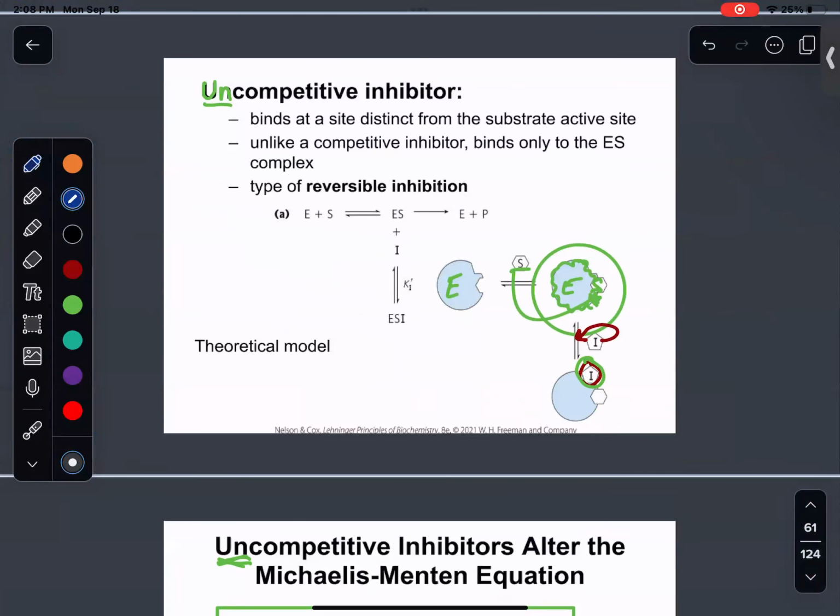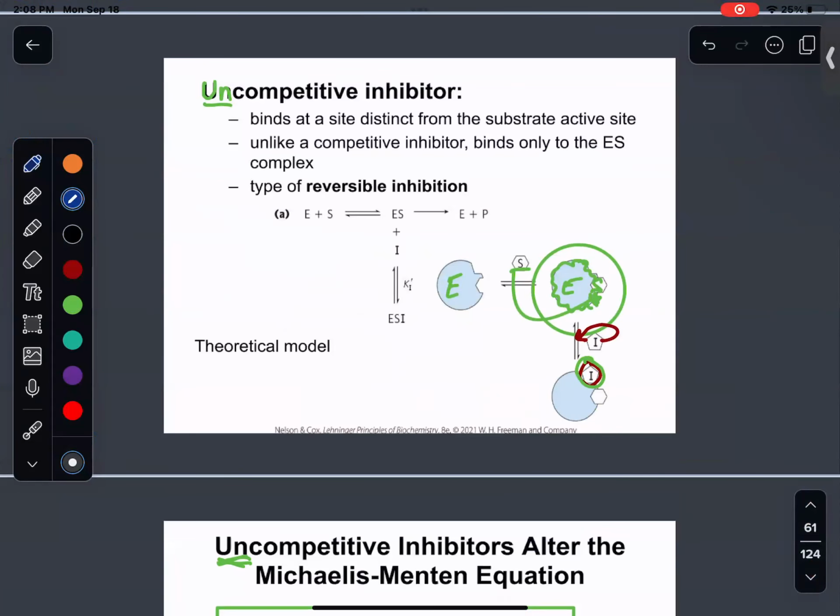But for now, I need you guys to just know a mixed inhibitor is going to bind to either one. This is the most important part. So you can go either this way: enzyme plus substrate gives you the enzyme substrate, and it can give you the product.